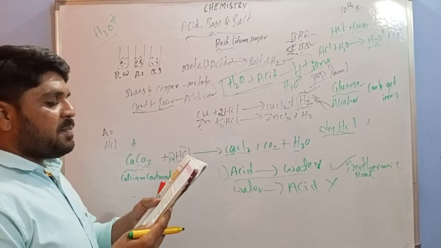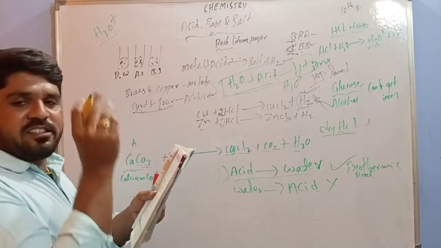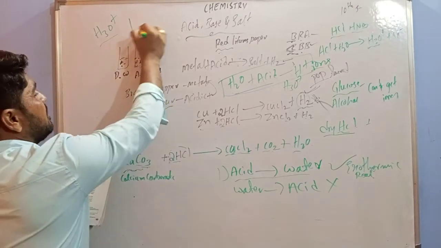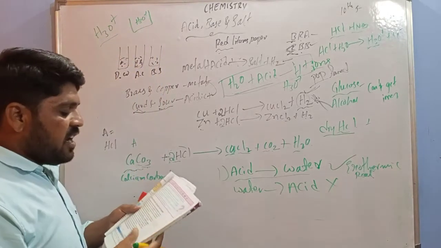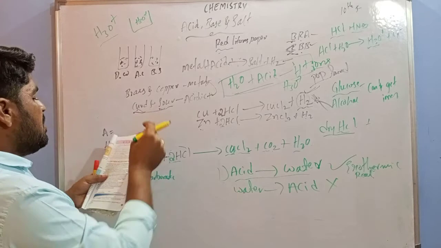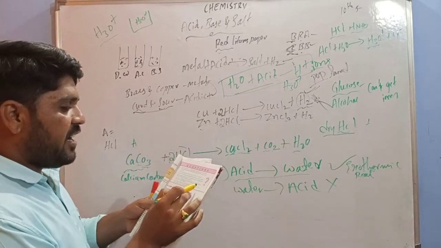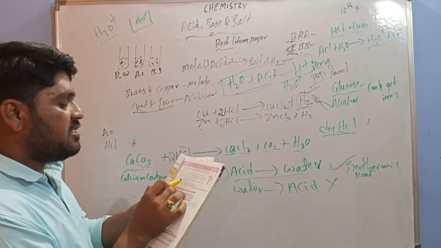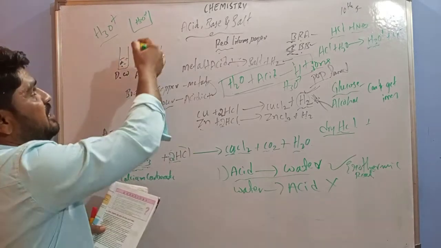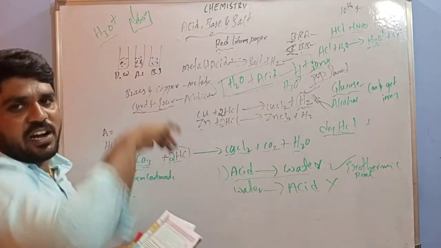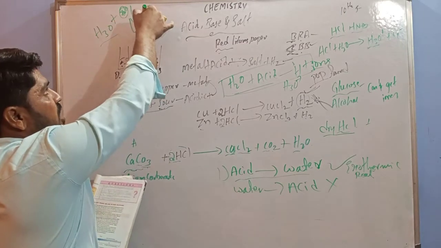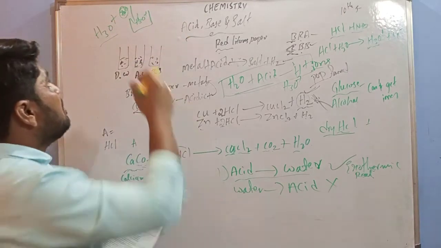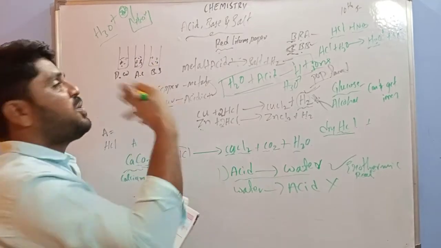So we have an acid solution, and in that solution H3O plus ions are there. Diluted means addition of more water. So if more water is added, we have more H plus ions.